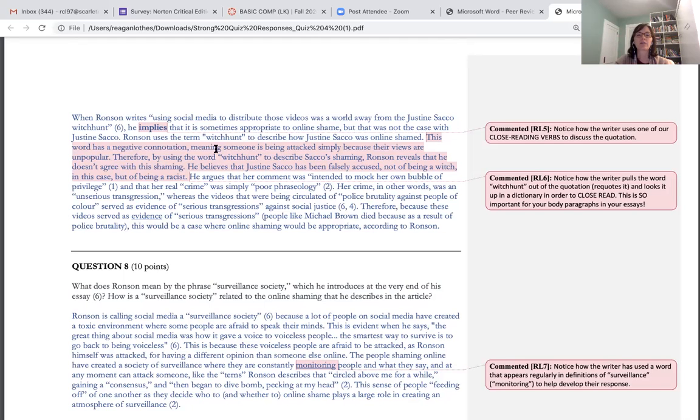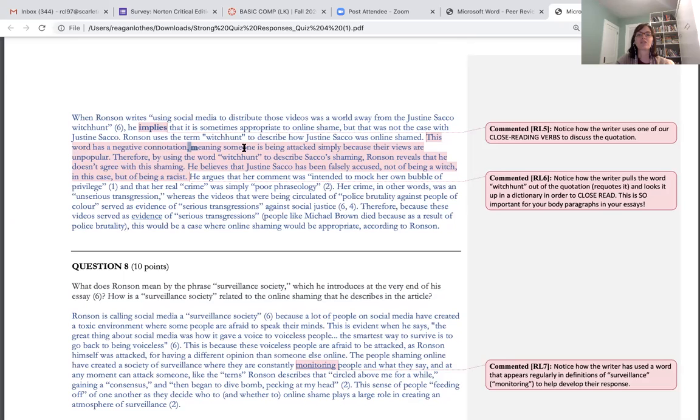And so here, right, the writer has taken the word witch hunt out of the quotation, so they're re-quoting it, and they've looked it up in a dictionary, right? And so we can tell they looked it up in a dictionary here. So, okay, it has a negative connotation, but we don't stop there. We want to explain what that negative connotation is. So, right, it implies that someone's being attacked kind of undeservedly, simply because their views are unpopular or strange or considered strange.